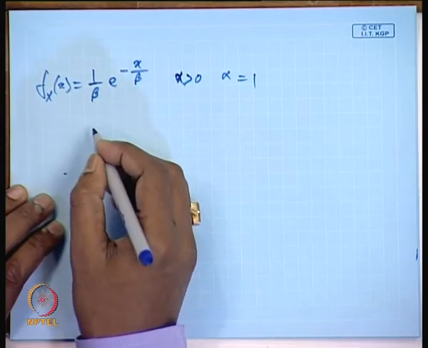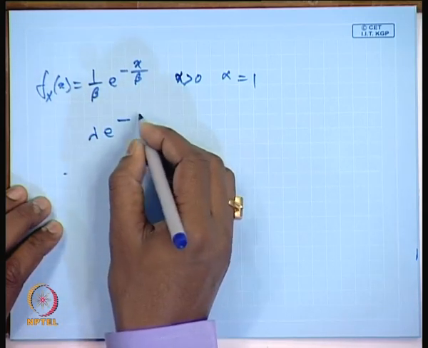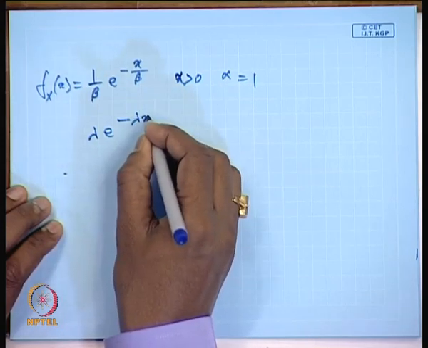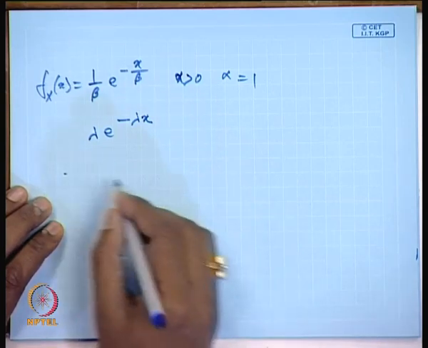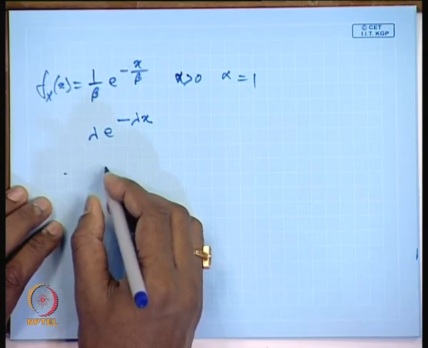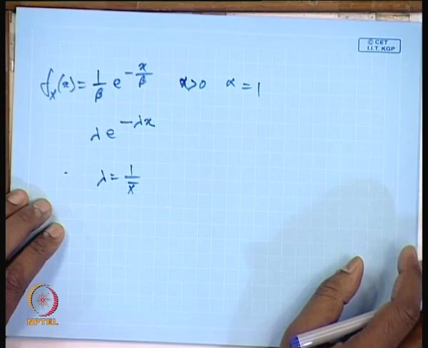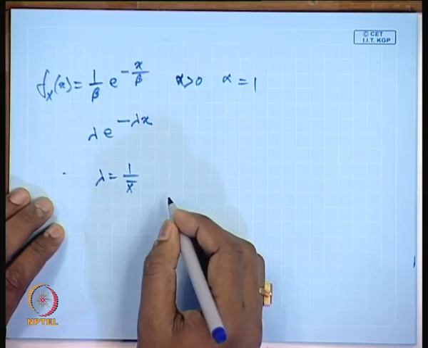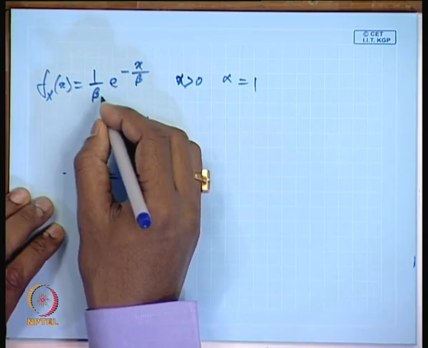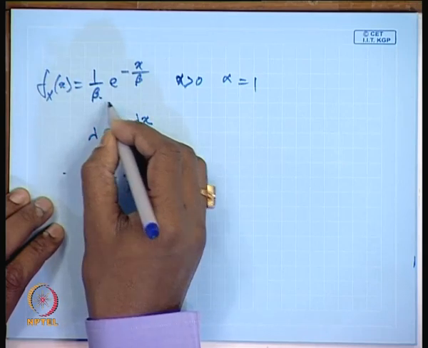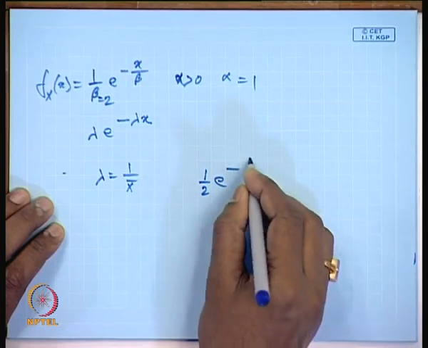Now, when we discussed the exponential distribution, we used the parameter lambda, lambda e power minus lambda x, and when relating it to its expected value or mean, we saw that lambda is related to 1 by x bar. Here, in the example, beta is 2, so it becomes half e power minus half x.